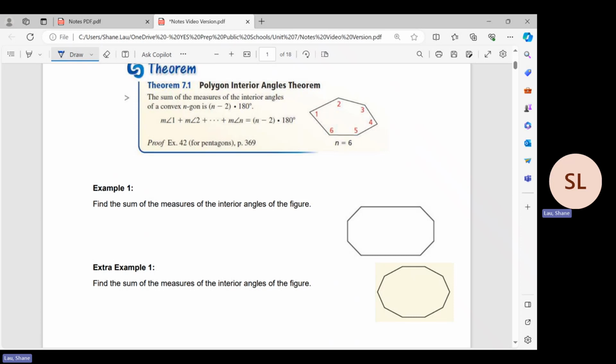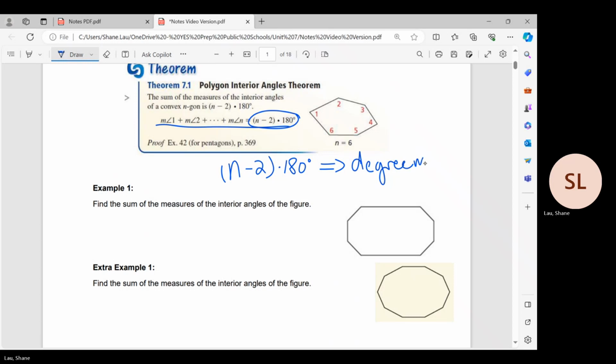Theorem 7.1, the polygon interior angles theorem. All this rigmarole, right? All that stuff is basically just giving us this expression, n minus 2 times 180 degrees, which gives us the degree measures of polygons.